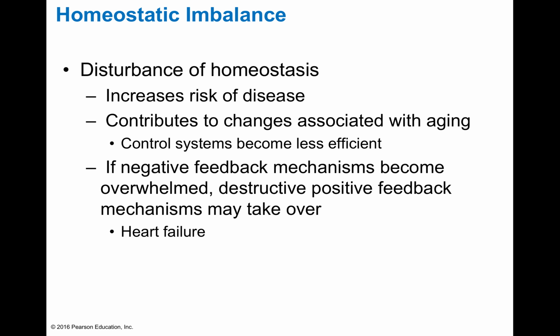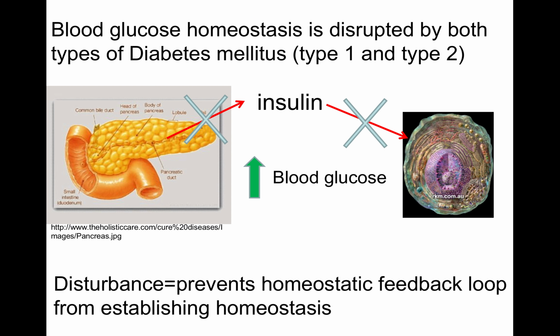If there is any sort of disturbance in your homeostasis feedback, that usually can cause disease. A really good example of that would be failure in the negative feedback loop of homeostasis associated with insulin. So here in this case, we have two types of diabetes, diabetes mellitus 1 and 2.